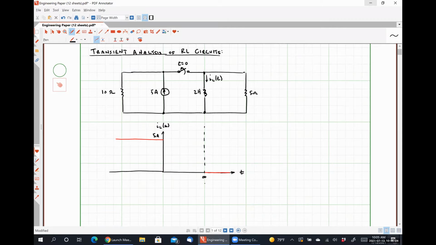between 0 and infinity, is what is called the transient.